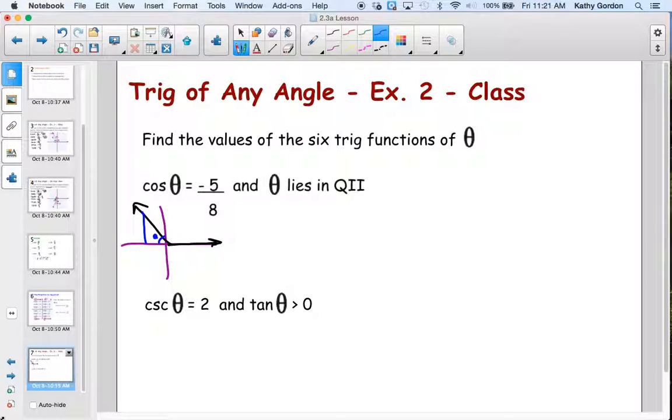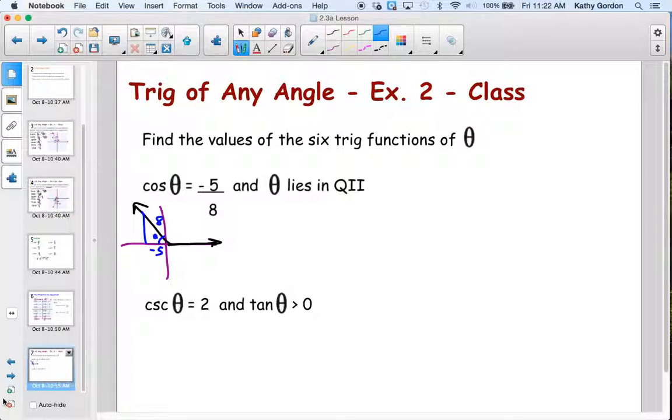I was told that, so that's what I drew. But now what do I know about my triangle, given the information that cosine of theta equals negative 5/8? Hypotenuse is 8. The base is negative, because that would be the adjacent, which would also be our x coordinate if we were talking about a point.